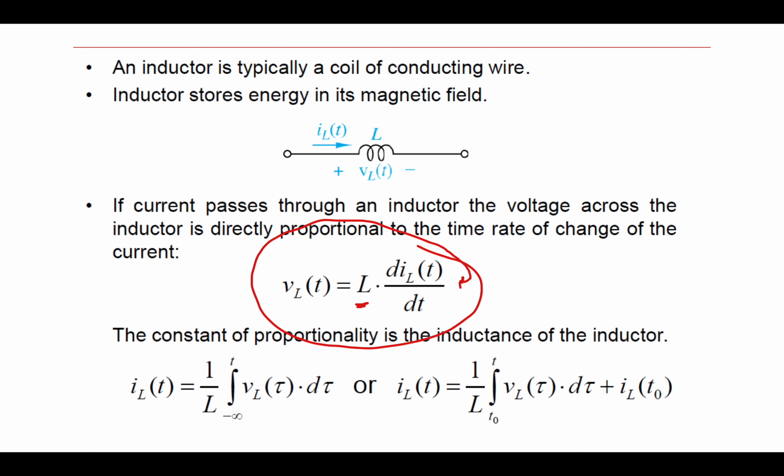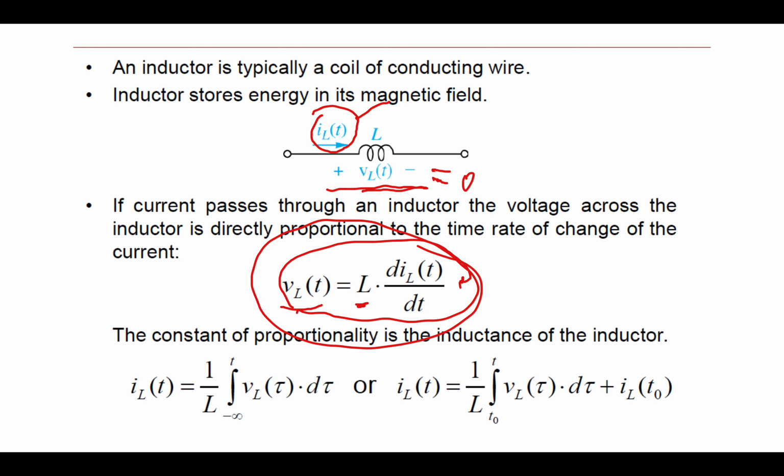So this relationship tells us that this voltage is zero if there's no change in current. So if IL is a constant value, VL is zero.